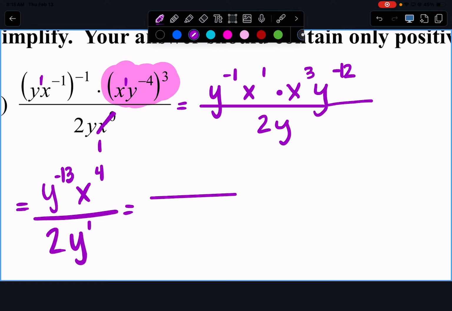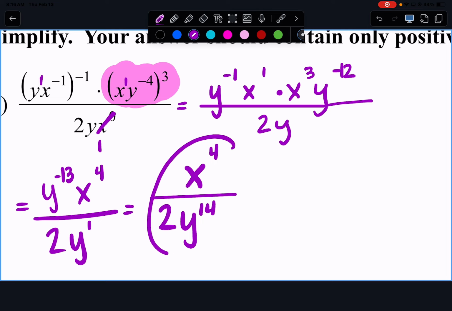So -13 minus 1 is what? -14. If it's negative, should it be in the numerator or the denominator? Denominator. So we're going to just say x to the 4th over y to the 14. And do I need to move x to the 4th, or is it good up there? It's good. And that's our answer.